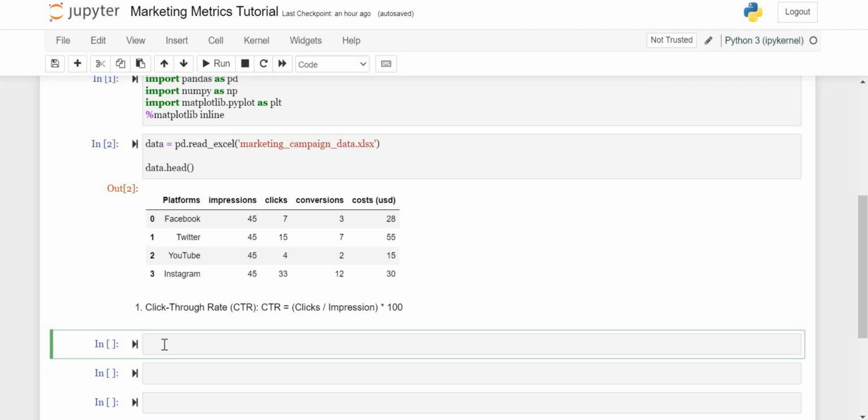So now let's calculate the CTR and add it to the original data. So how do we do that?